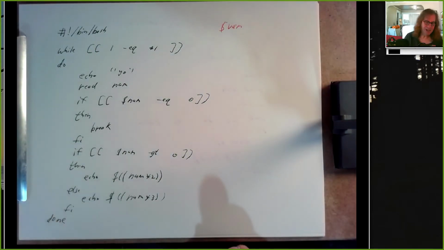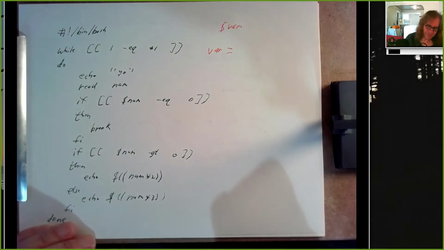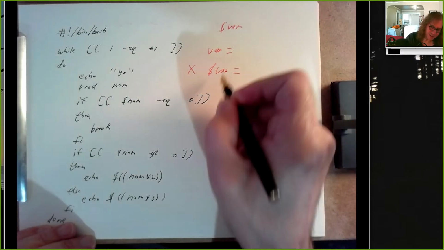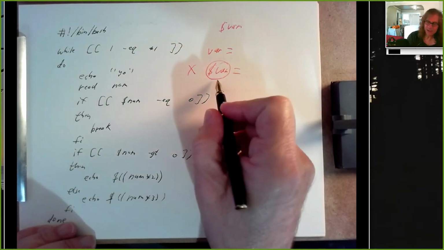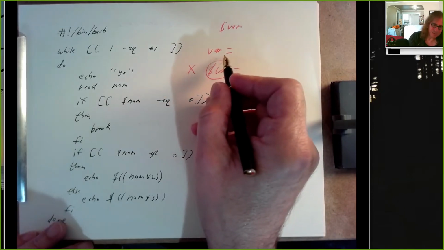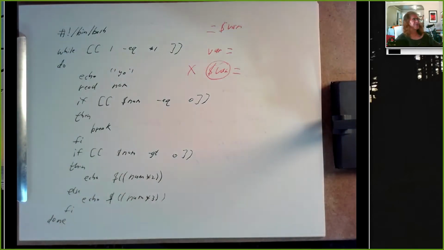If you want to assign a value to a variable, just say variable equals. Don't say $variable equals, because that evaluates this and replaces it with whatever the value of the variable is, which is usually not what you're after. But variable equals, and then if you're using it on the right hand side, use a $ to evaluate the value of a variable.